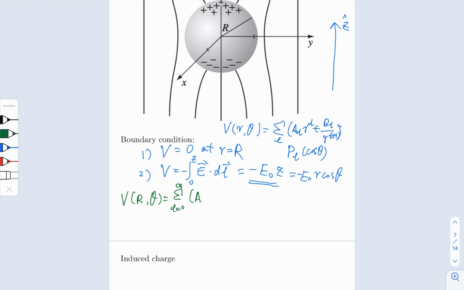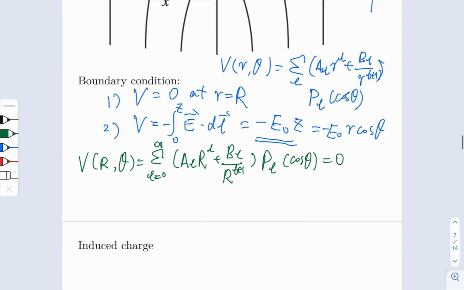Let's take the value at r equals capital R, and that gives the following. Now the second boundary condition is saying that when r goes to infinity, it takes a value of minus E naught r cosine theta.